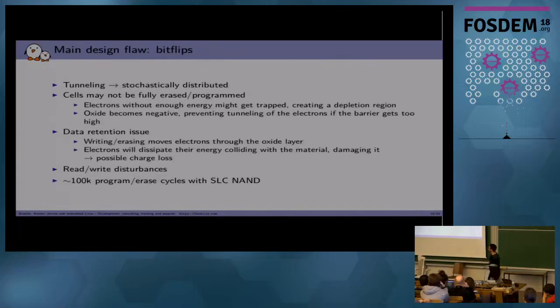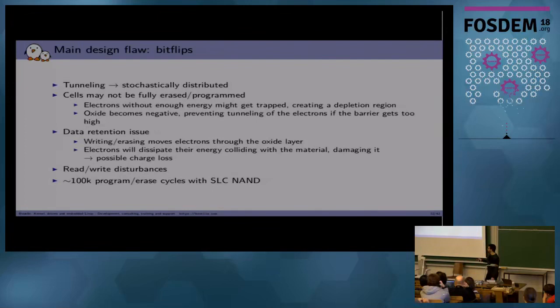Otherwise, there are other effects. A cell might not be fully erased or programmed. For instance, electrons that tunnel through the oxide layer might not cross the entire oxide if they don't get enough energy, and get trapped in the insulator. It makes regions of the insulator electrically negative and prevents other electrons from tunneling through that barrier.